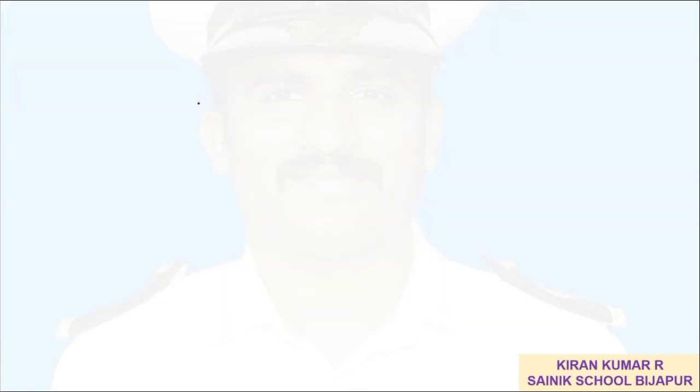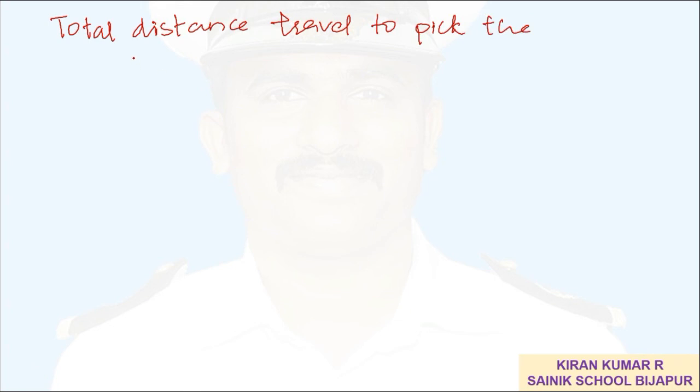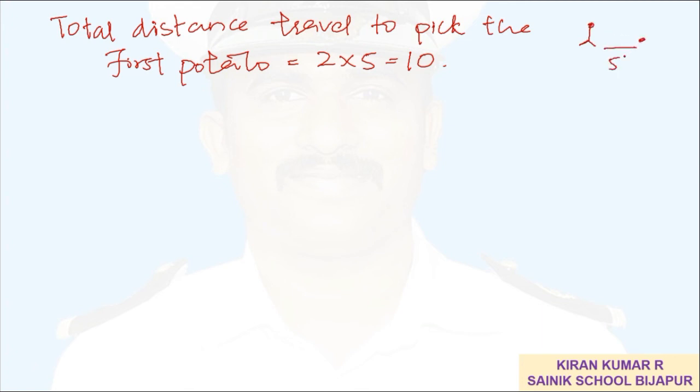The total distance travelled to pick the first potato is 2 times of 5, as the distance between the person and the potato is 5 meters. She has to go and come back to the same place, so the distance covered will be twice, so it is 10 meters.